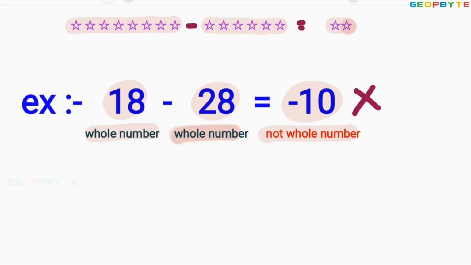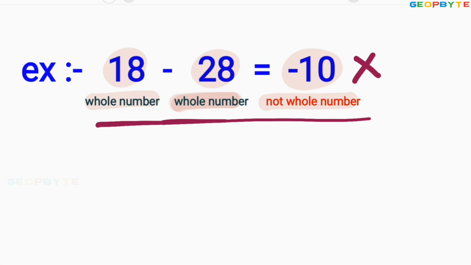In the first case, the difference between the two whole numbers is a whole number. But in this case, the difference between the two whole numbers is not a whole number. Therefore, the conclusion is that the difference between two whole numbers need not always be a whole number.